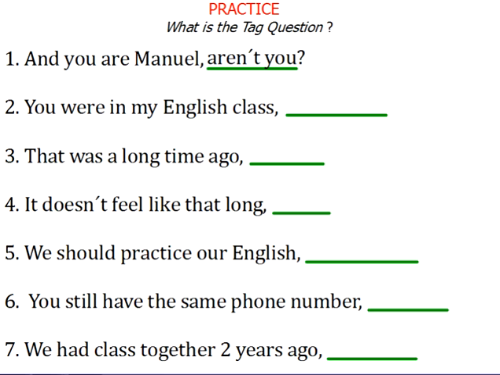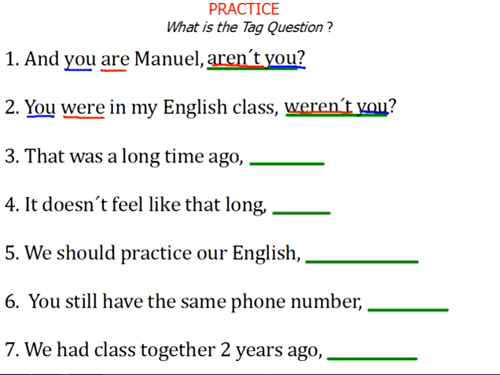Here we have our subject, you, and our tag, are, becomes, aren't you? Number 2, you were in my English class, weren't you? Again, I'm using the same subject, you, but I'm using the opposite of my auxiliary were in the tag, weren't.